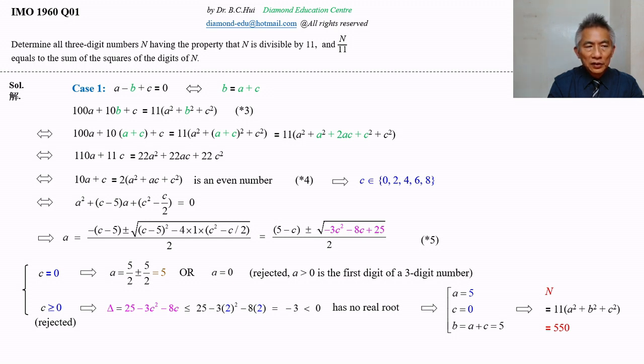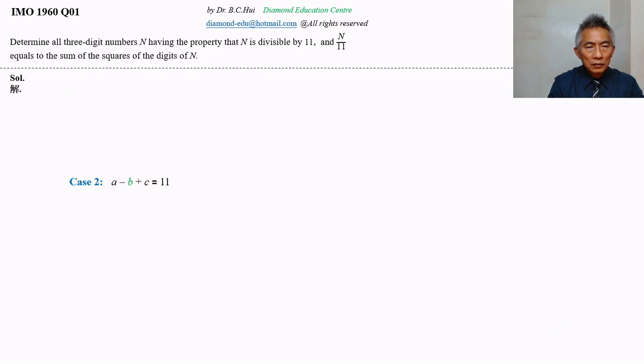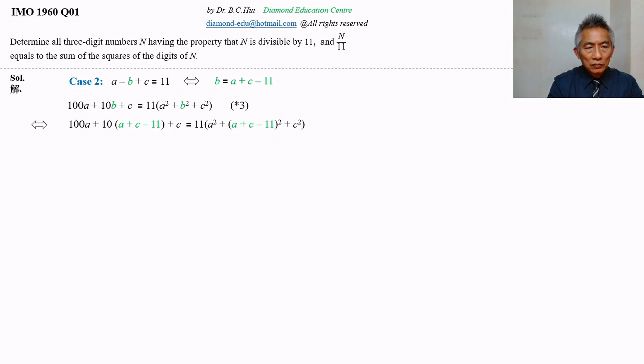There's one more case we have to consider, which is case 2. A minus b plus c equals 11, or b equals a plus c minus 11. From equation 3, we put b equals a plus c minus 11 into equation 3, and expand it out term by term.